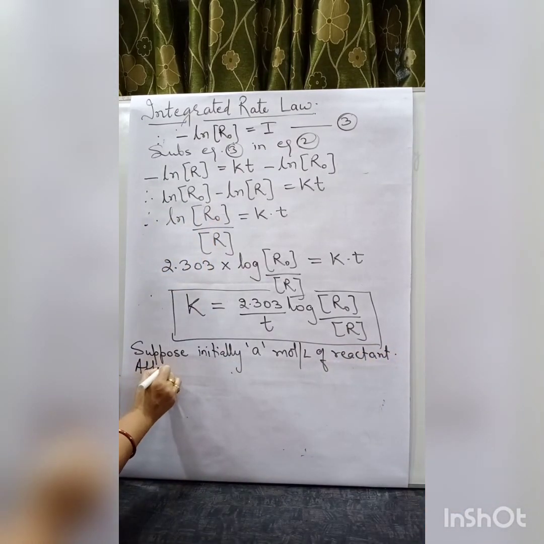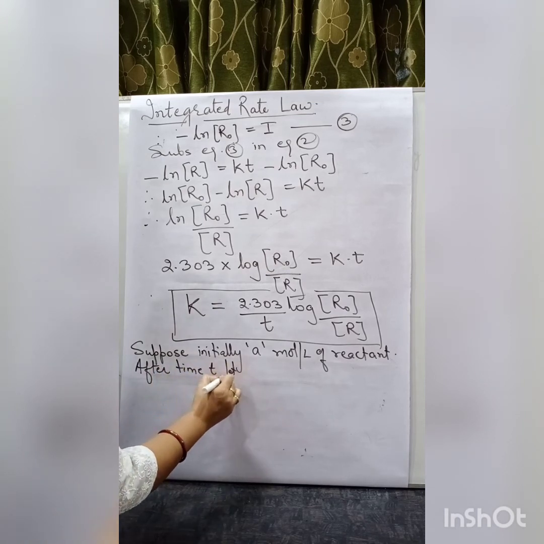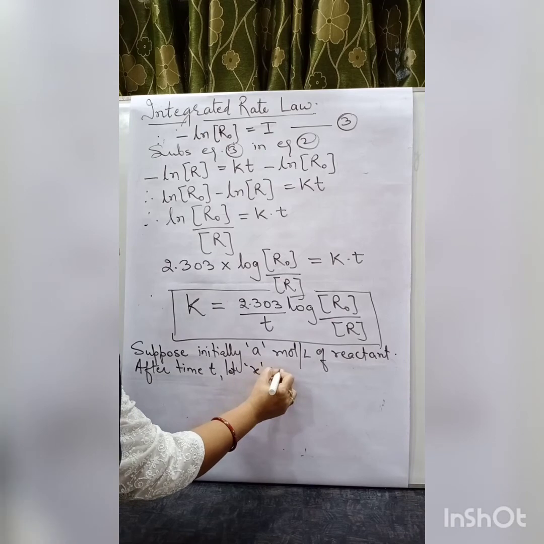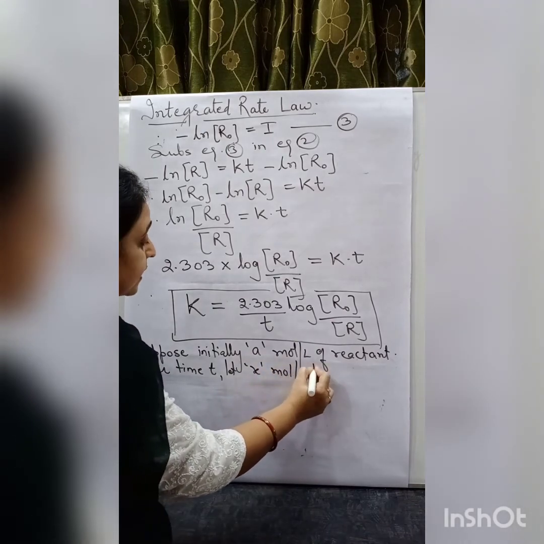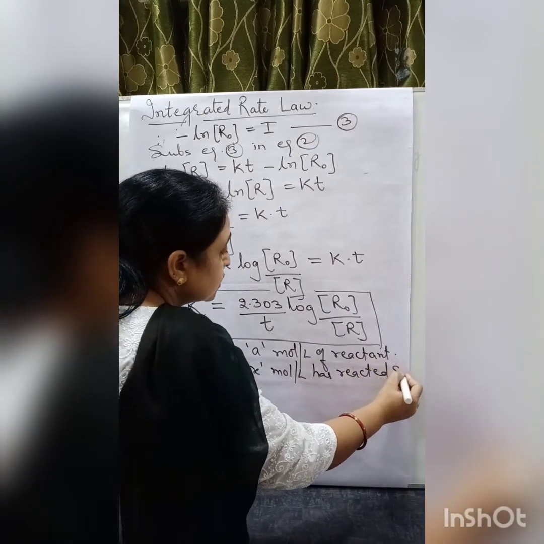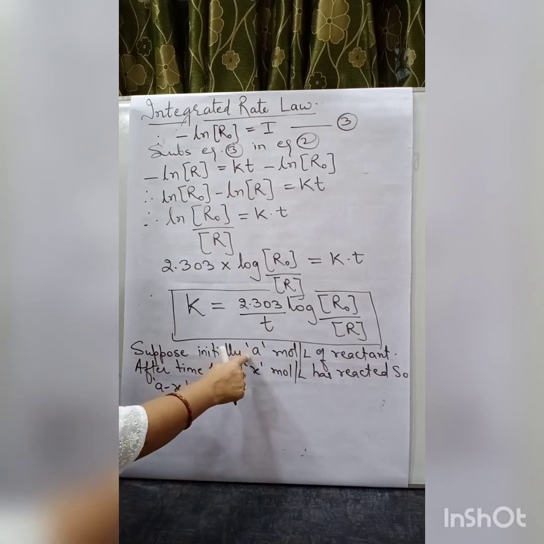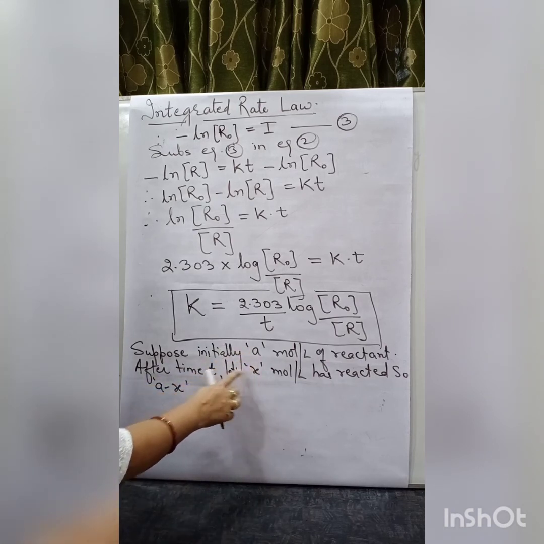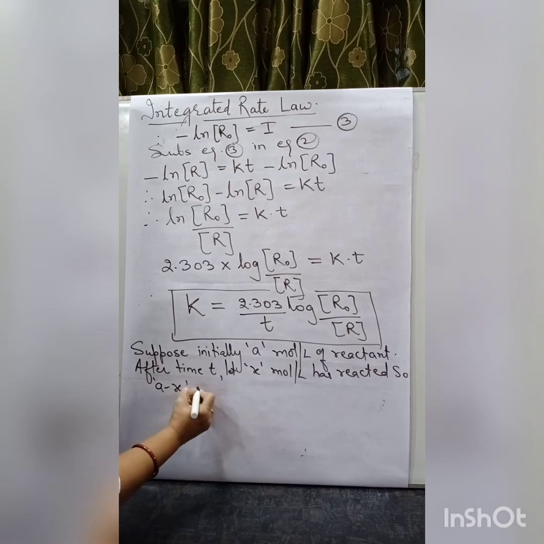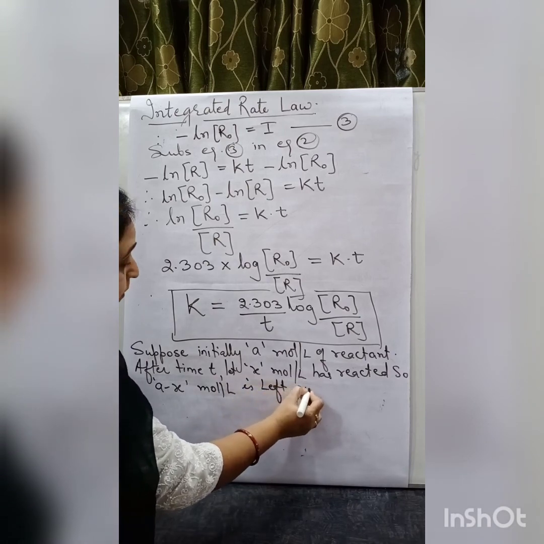After time t, let X moles per liter has reacted. So what is the left out quantity? So A minus X, this is initial and X has reacted. So A minus X moles per liter is left out.